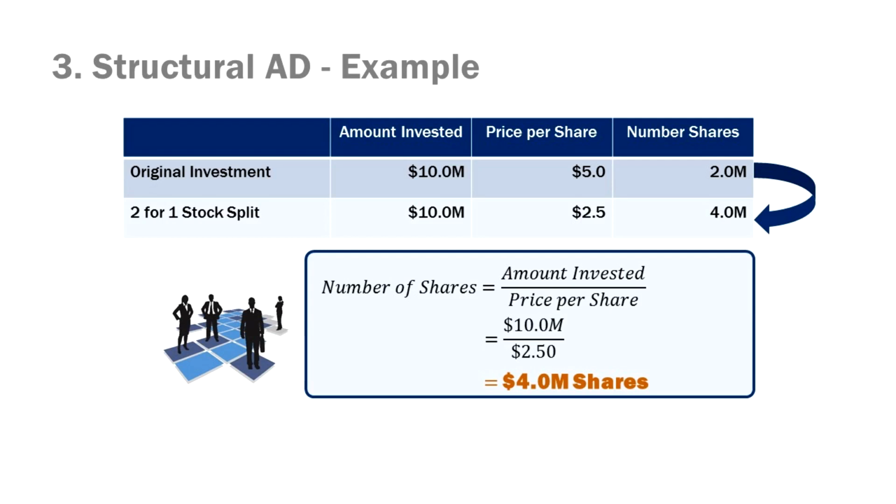And investors would now convert into 4 million common shares, so that their shares times the new conversion price will still equal $10 million. This is an example of the most basic form of structural anti-dilution.